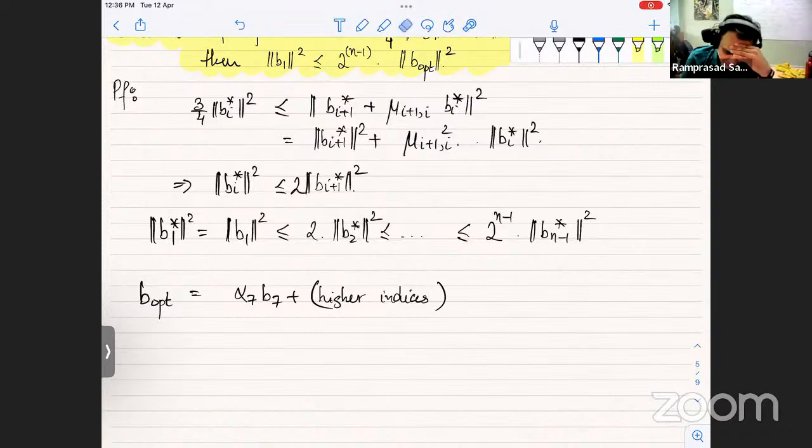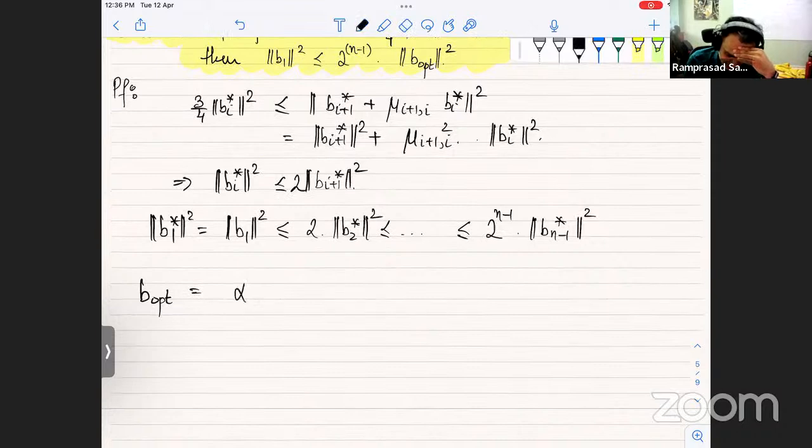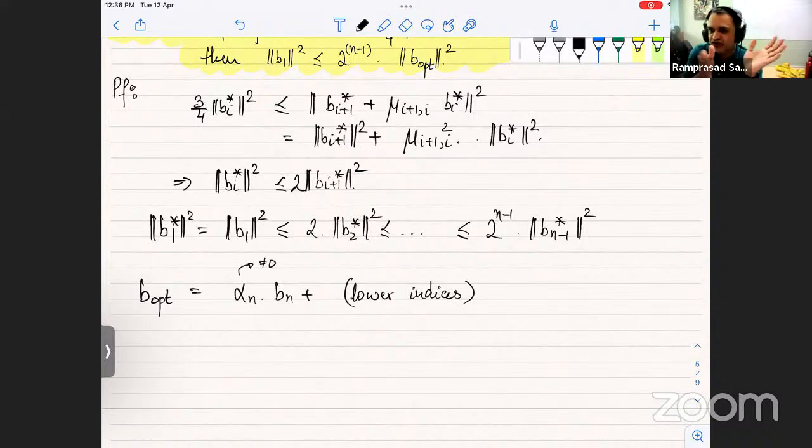In fact, I would prefer to write it in the other direction. So let me say, without loss of generality, let me write it as alpha n times b_n plus lower indices, and I'm assuming that alpha n is not equal to 0. If not, you will look at whatever is the highest index that shows up in this summation.